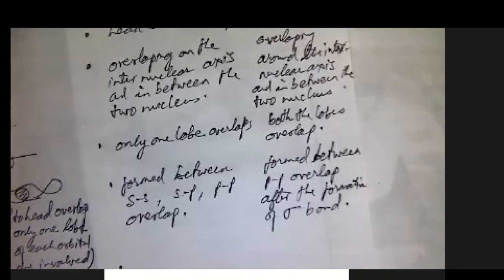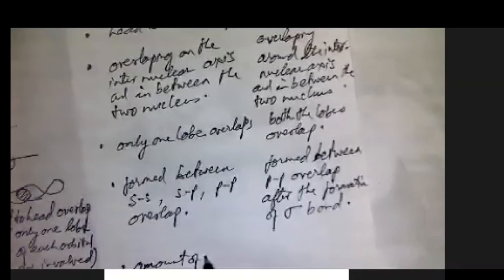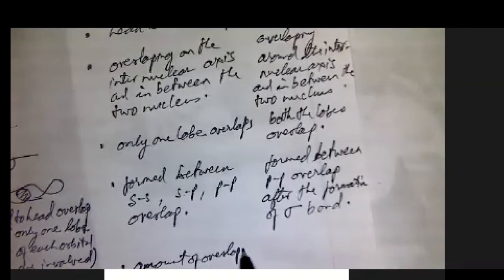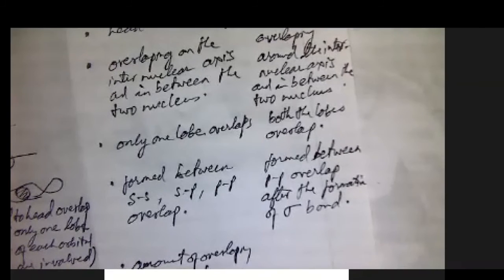Isn't it? So what will you see? In a sigma bond, the amount of overlapping is more. Okay, so here you can say the amount of overlapping is more, hence sigma bonds are stronger.